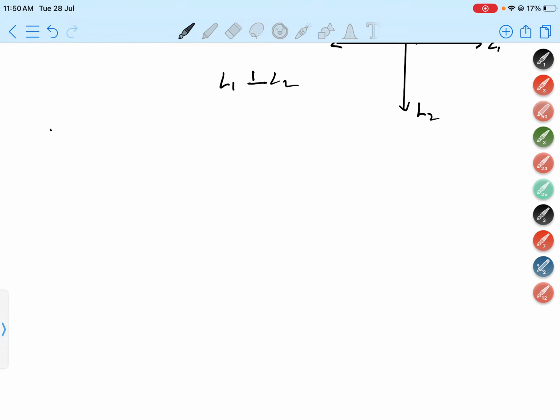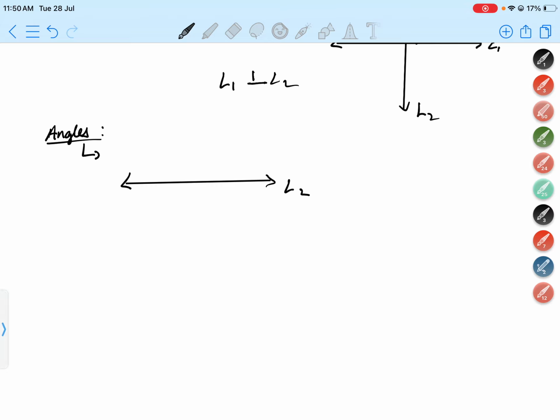Angles, as I've said earlier, as the name itself suggests, describe the inclination, or how much one line is tilted with respect to another line.